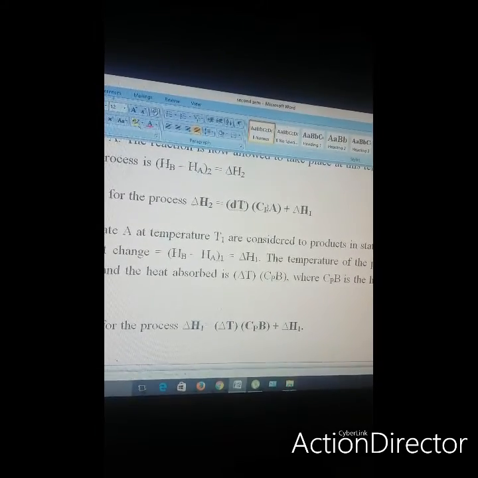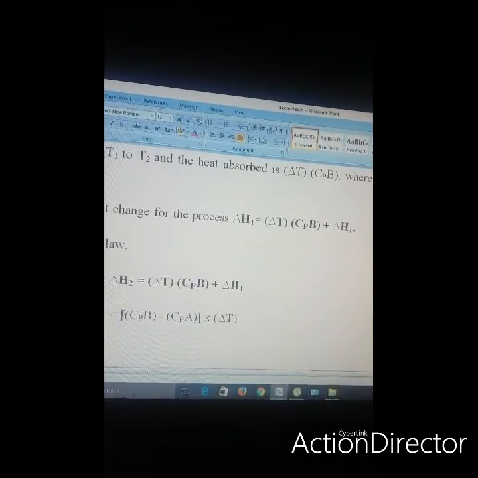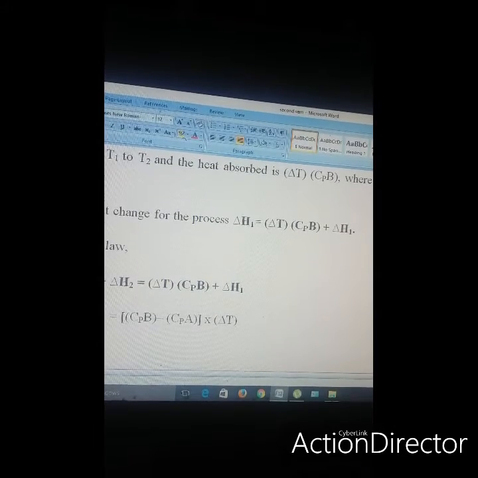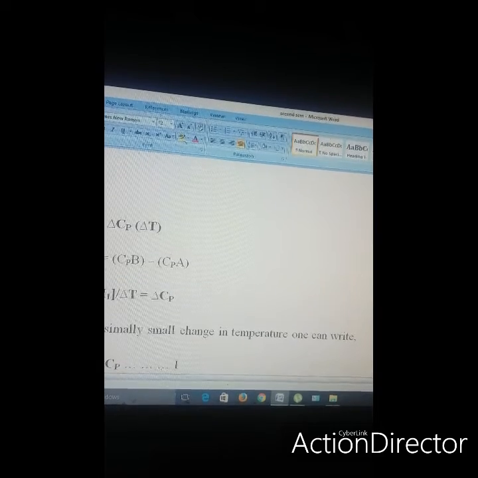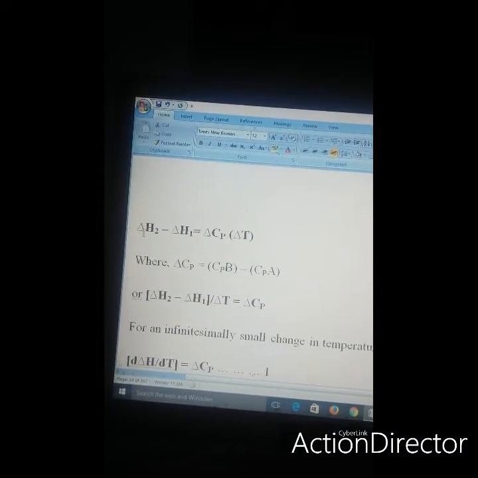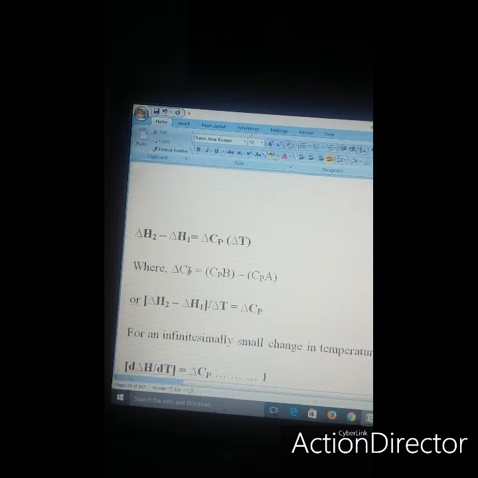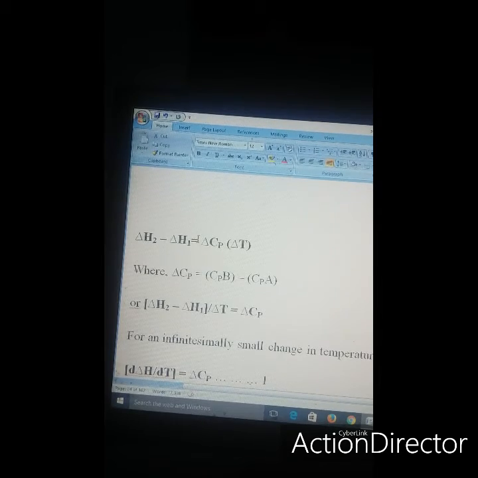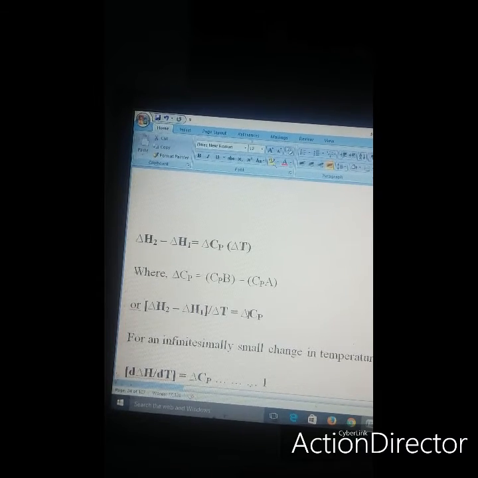Now according to Hess's law, these two equations should be equal. So I am writing these two equations as equal. Now taking the enthalpy terms to one side and this term to the other side, you get delta H2 minus delta H1 is equal to delta Cp delta T, where delta Cp is Cpb minus Cpa, or delta H2 minus delta H1 upon delta T is equal to delta Cp.